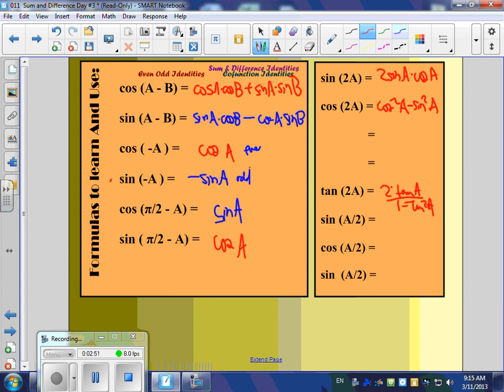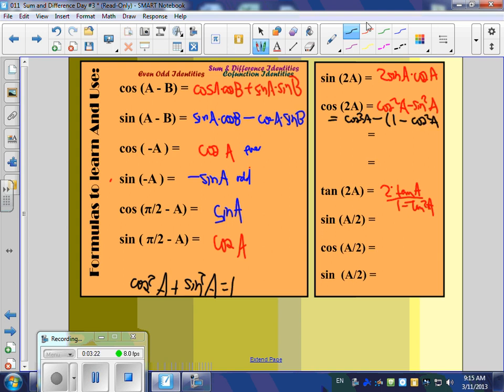Well, with these 2 blanks, what I have for those is, what is sine squared equal to? Remember, cosine squared plus sine squared equals 1, so what's sine squared equal to? 1 minus cosine squared A. So if we went cosine squared A minus 1 minus cosine squared A, agree with that?